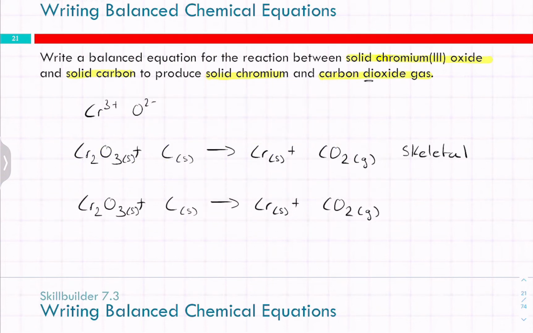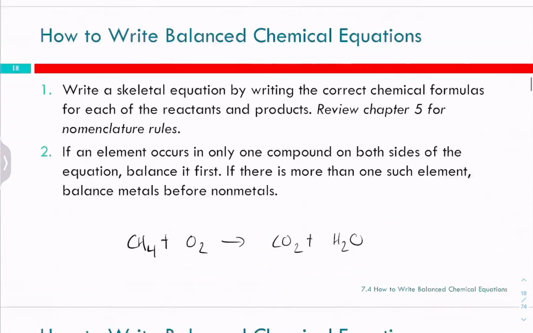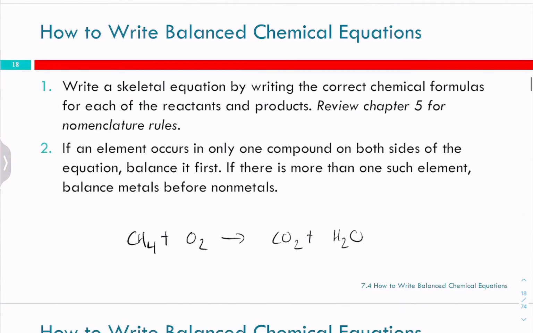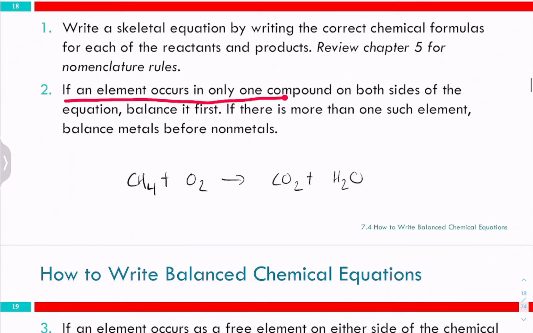So now we need to balance all of the elements on both sides. To go back and follow our rules, rule number 1 is writing a skeletal equation. So we wrote a skeletal equation with the correct formulas. And then if an element occurs in only one compound on both sides of the equation, balance it first.